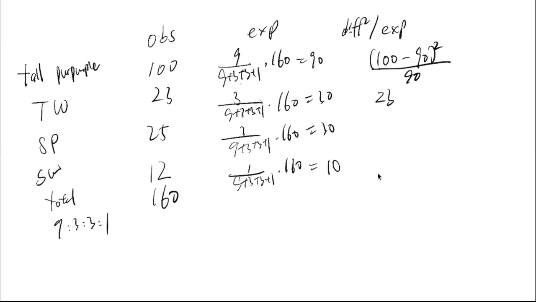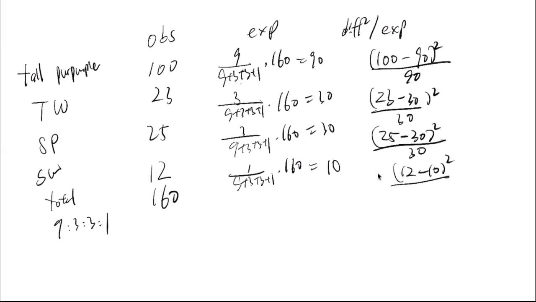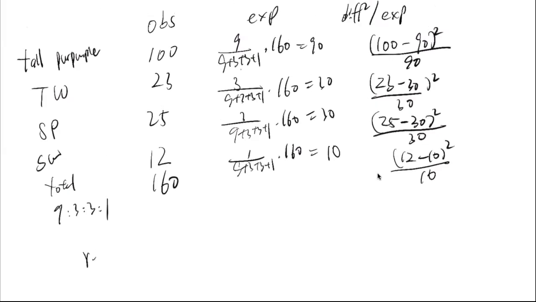We do this for each row: observed minus expected squared divided by expected. And the test statistic here is just the sum of the last column, the sum of the squared differences divided by expected. In this case, it's roughly 3.98.